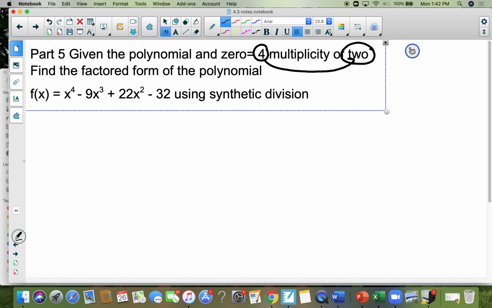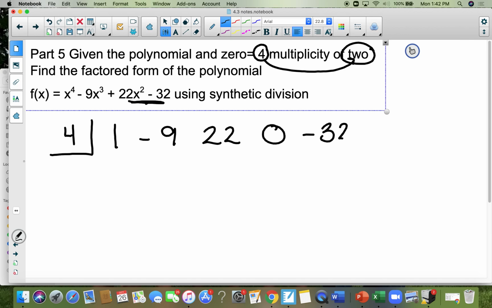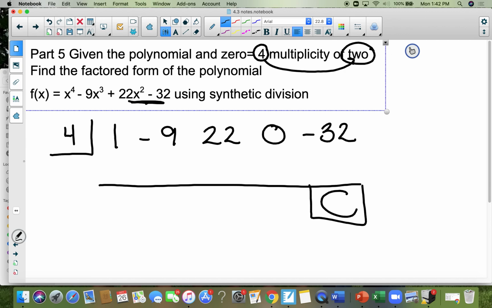So what I would do is I would do synthetic division, and I know that 4 is one of these solutions. I'm going to put a 1 for the coefficient, then a -9, then a +22. Remember, it's missing a power, so it needs a 0 and a -32. Draw my line. I already know that this should turn out to be a 0 right here, because they're telling me that 4 is 2 solutions.